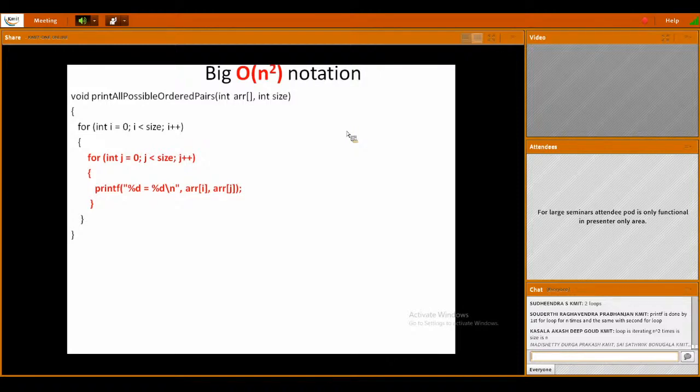Is it two loops which is making it n square? Sudhendra, what is making n square? Is it two loops? Yes, there are two loops.